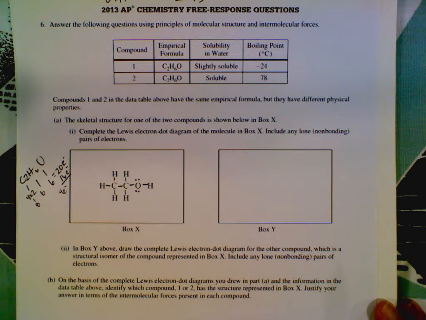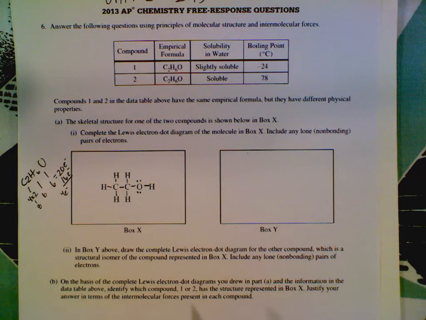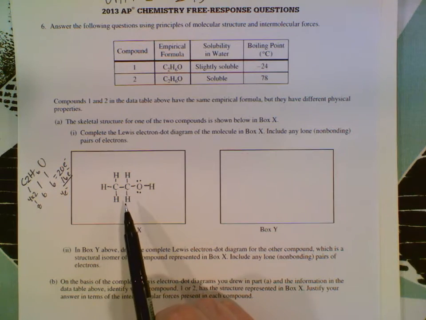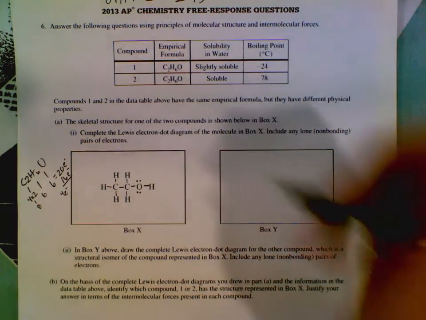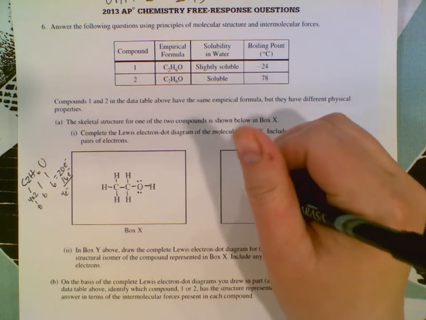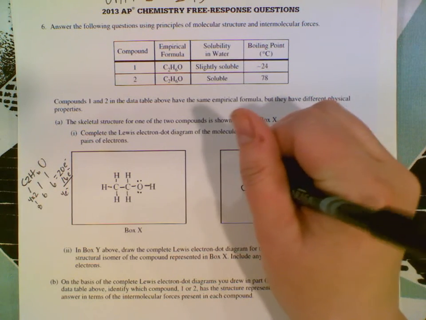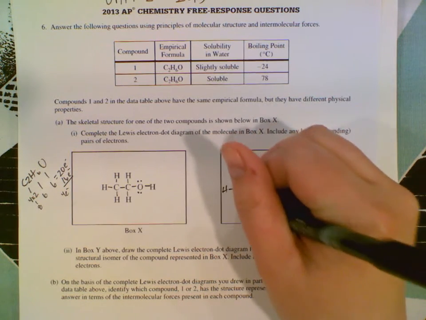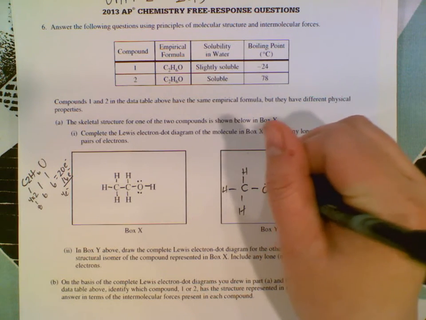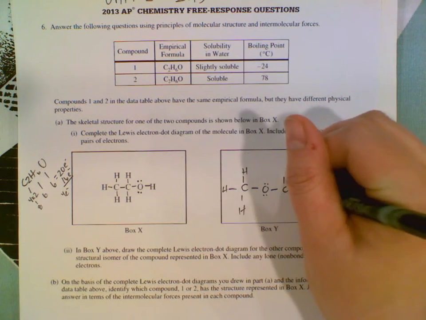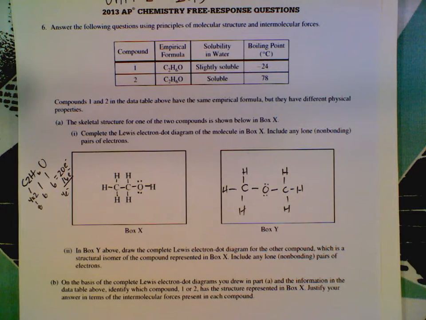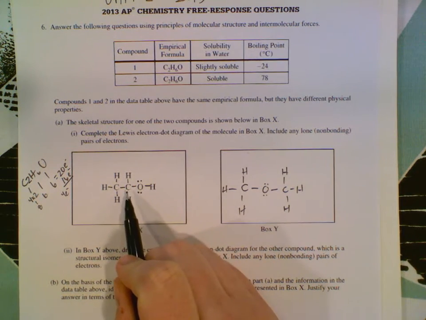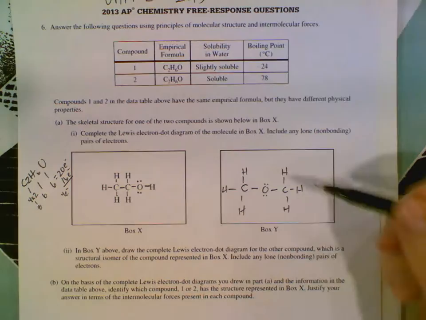And so what I am going to do is draw something that's similar to this in the number of elements that it has, but different in its structure. In the correct Lewis structure, I would have the O in the middle. So I'm just going to slide the O from the end to the carbon here and switch them around. This is the correct Lewis structure.